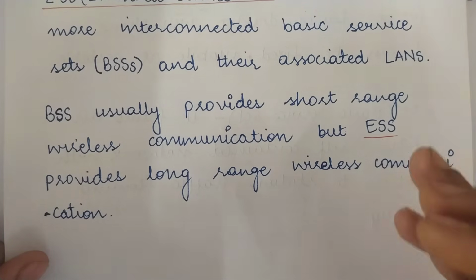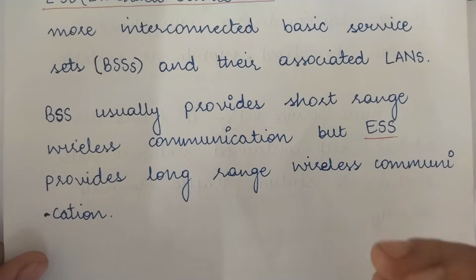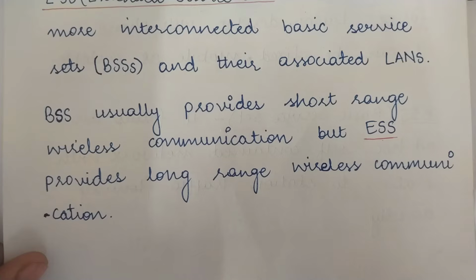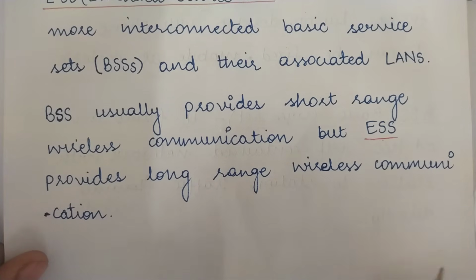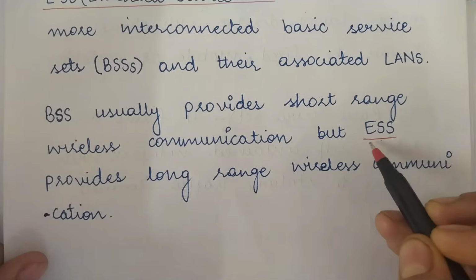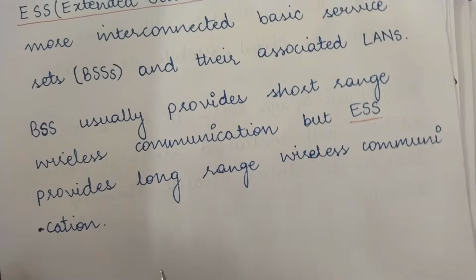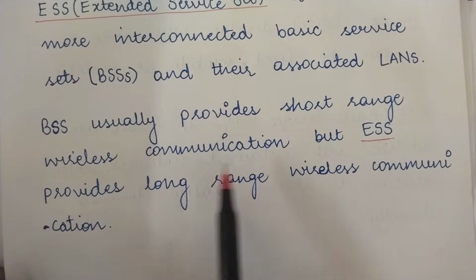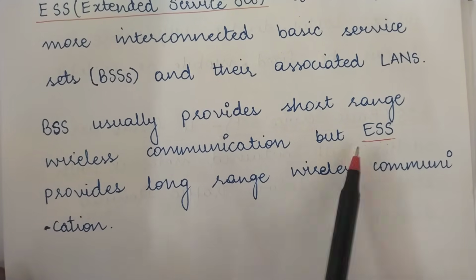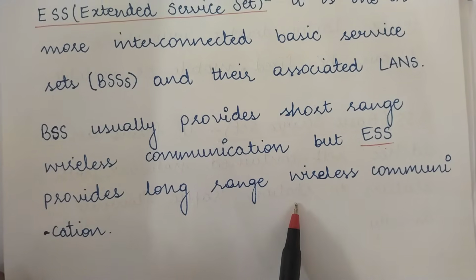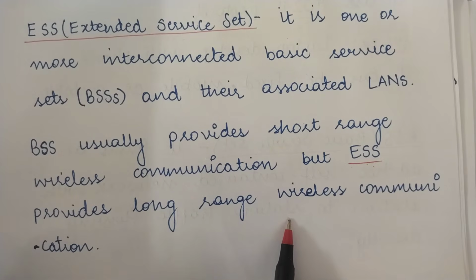It extends the services beyond the range of the basic service set, that is, outside your device's network. Also, when you need connectivity, you need the extended service set. So basically we can say that BSS is used for short-range wireless communication and the ESS is used for long-range wireless communication.